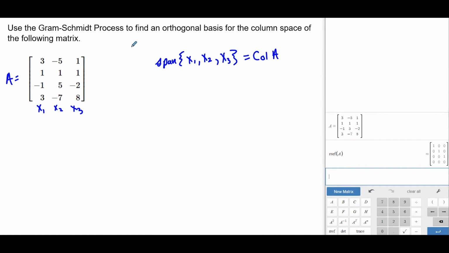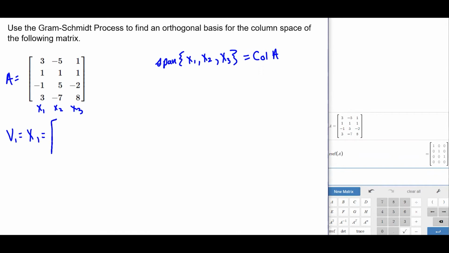Okay, so v1 is x1. Same thing. You get a freebie here always at the beginning. Kind of start with the first one. It's going to be the same. v2 is going to be x2 minus x2 dotted with v1 over v1 dotted with v1 times vector v1.